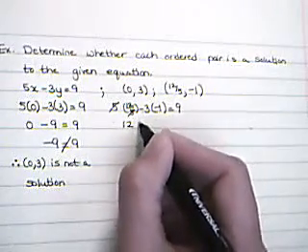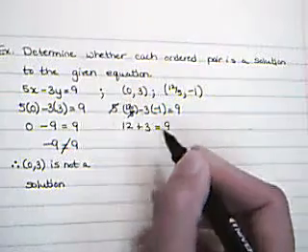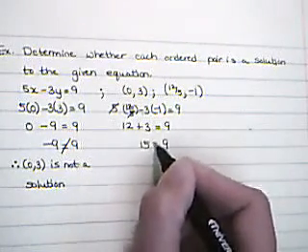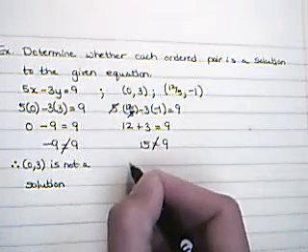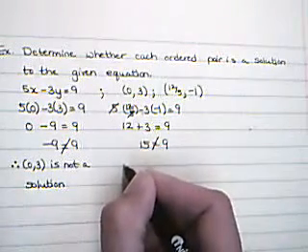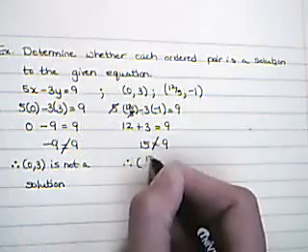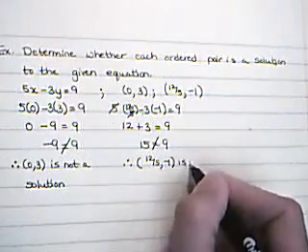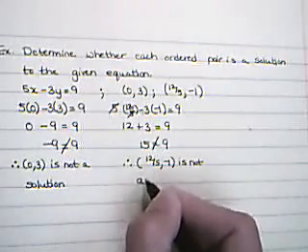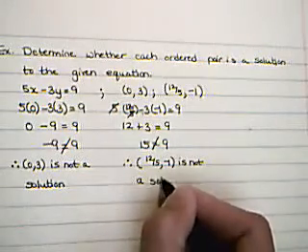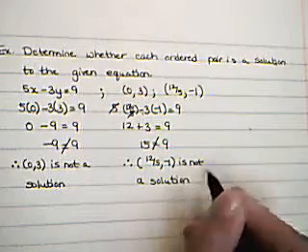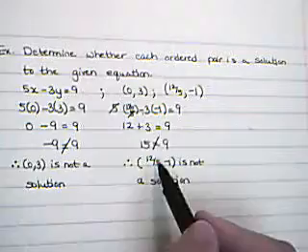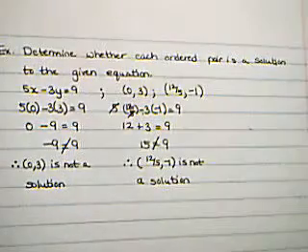Negative 3 times negative 1 is positive 3 equals 9. 12 plus 3 giving us 15 equals 9. Well, 15 does not equal 9, so that is also a false statement. So in this case right here, (12/5, negative 1) is not a solution. So you have to test these individually. And if it would have been a true statement, say 15 equals 15, then that would be a solution, a point that fell on that line.